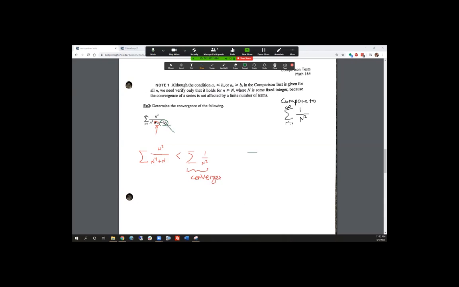Because if we had the sum of the n squareds over n to the 4th minus 10, this would make the denominator smaller, which makes the whole fraction bigger. And so this would be bigger than the sum of the 1 over n squareds. And so this would make the comparison test inconclusive.